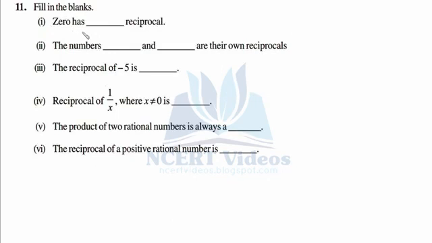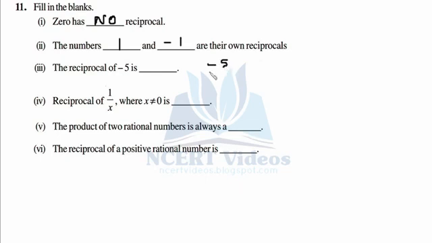First, 0 has dash reciprocal. We studied in the previous question, 0 has no reciprocal. Second, the numbers dash and dash are their own reciprocals. Again, in the previous question, 1 and -1, whenever we reciprocate them, we get the same number. Third, reciprocal of -5 is what?